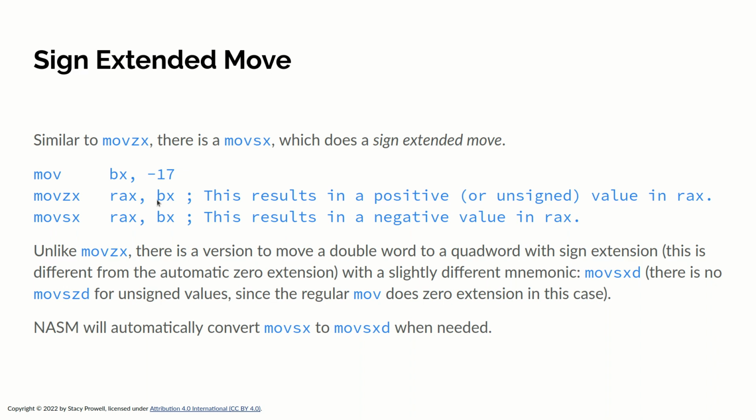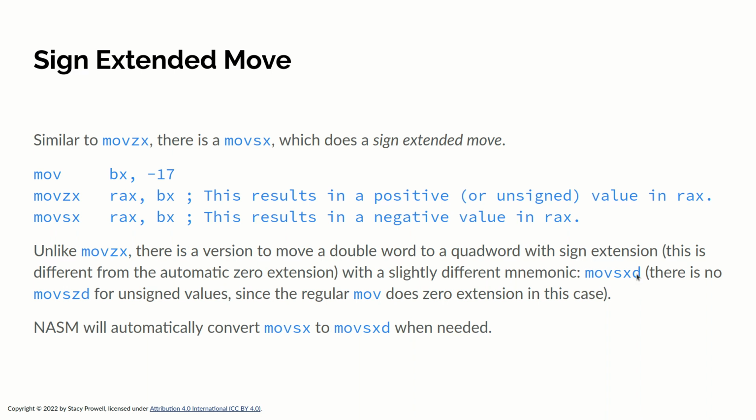Well, there's no default sign extension rule, so that won't work. So there should be one that lets me say MOVSX RAX, EBX. That would be great, but there's not. Or is there? Well, there is, but it's got a different mnemonic. It's MOVSXD for double word.